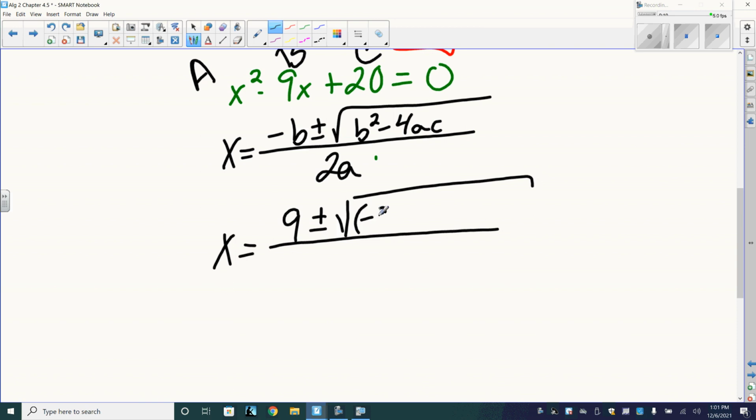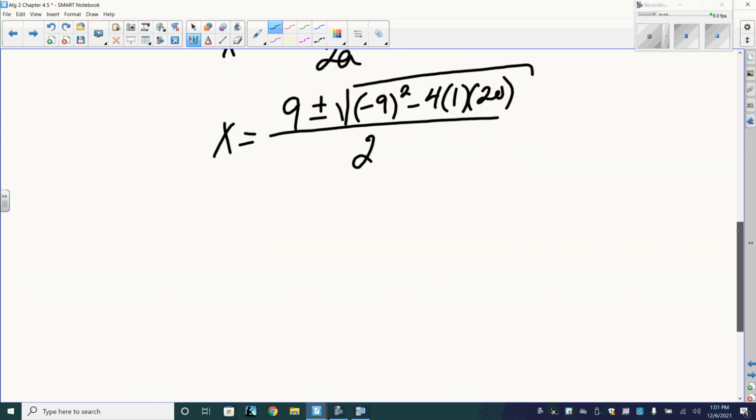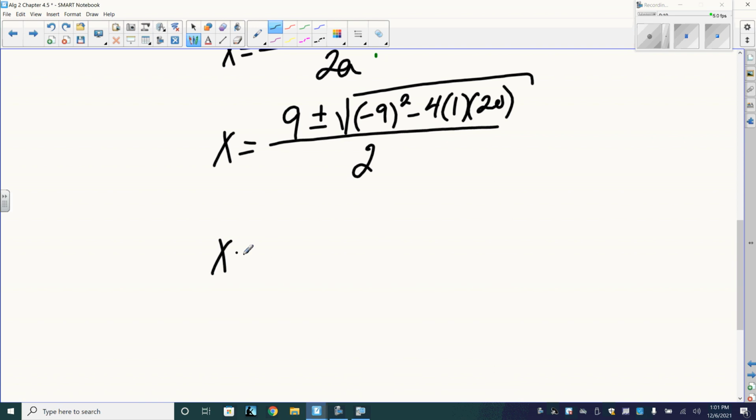Inside the radical, we're going to have negative 9 squared minus 4 times, well, a is 1 and c is 20. All over 2 times a, or 2 times 1. Plus or minus the square root.